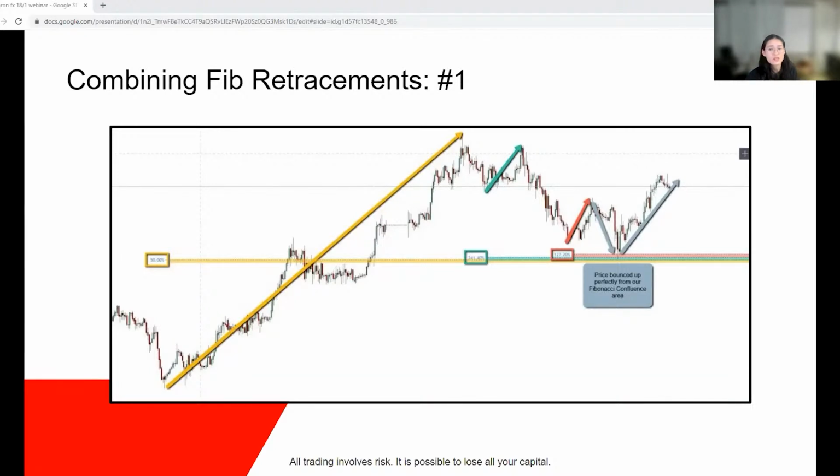Yeah, so you're combining one big Fibonacci retracement level with 2 other smaller Fibonacci retracement levels. So you can see this is the really big one, and then you combine it with the 2 smaller ones over here, the green and the red.